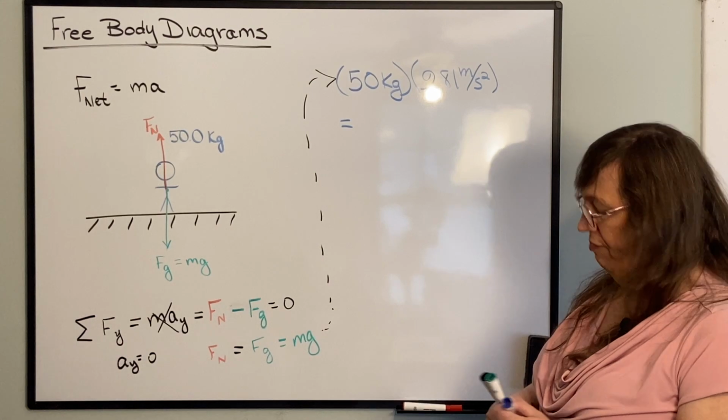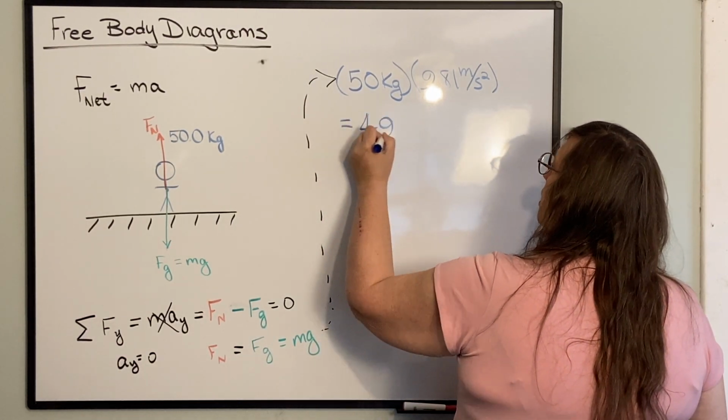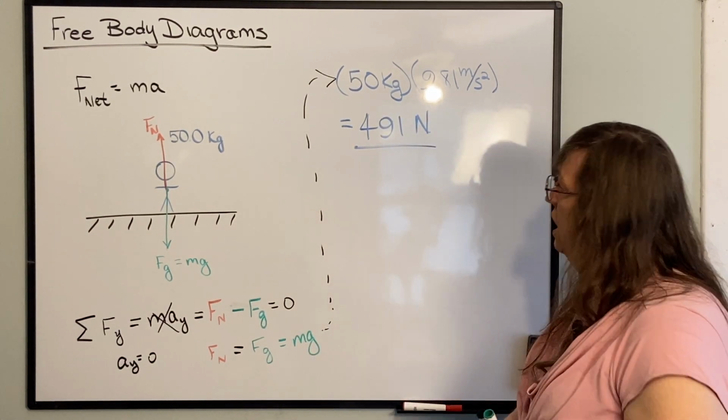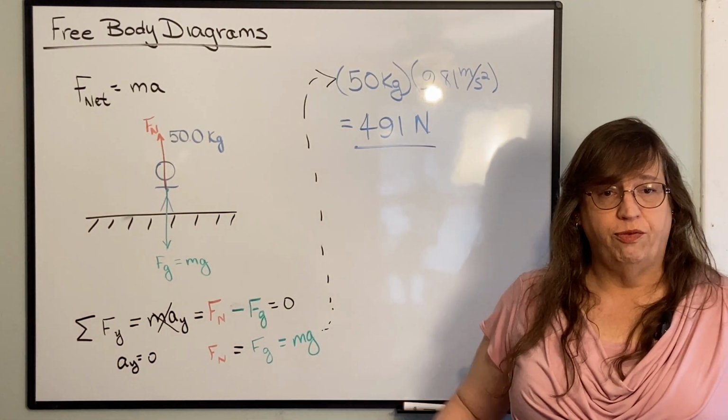Multiplying these together, we're going to find that we get a force of 491 newtons. So that is the weight of this person on a flat floor.